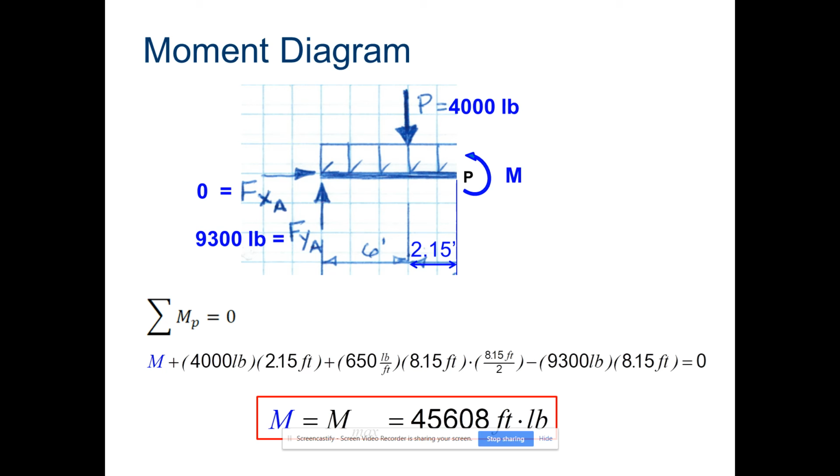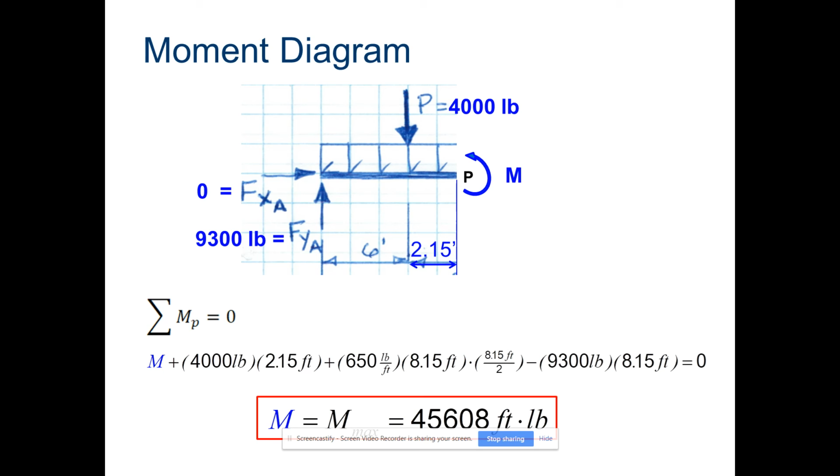So what did we just do here? We did 4,000 pounds times 2.15. That makes sense. We're 2.15 away from point P, plus 650 pounds per foot times 8.15 times 8.15 divided by 2. Why are we doing that? Remember, we have to find the equivalent concentrated load of that distributed load.